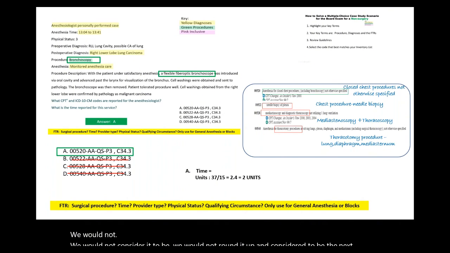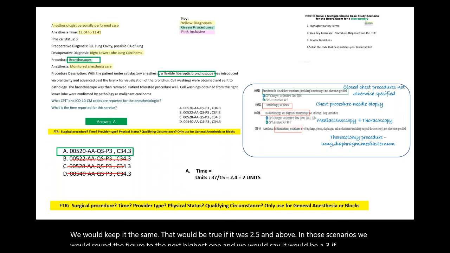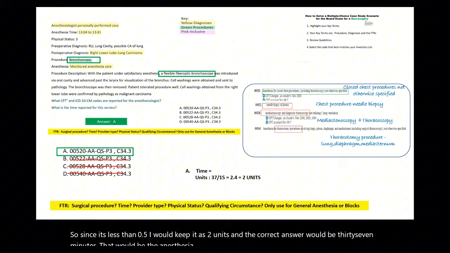We would keep it the same, that would be 2. If it was 2.5 and above, we would round the figure to the next highest one, and we would say it would be a 3. So since it's less than 0.5, I would keep it as 2 units, and the correct answer would be 37 minutes as the anesthesia time, and the units would be 2.